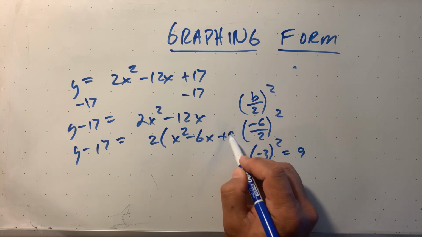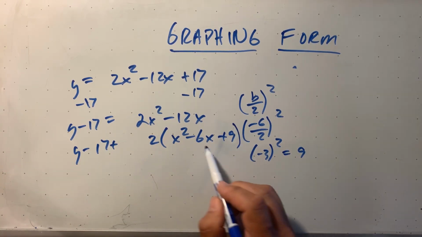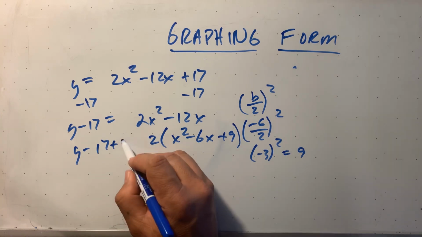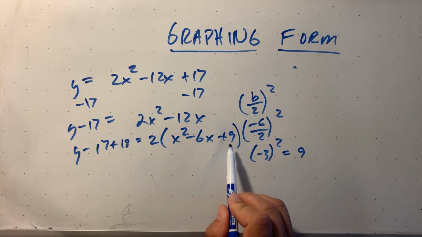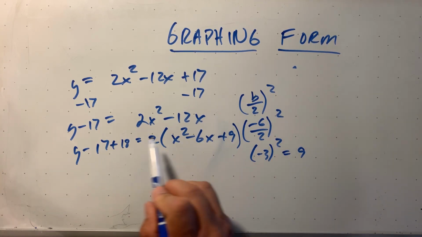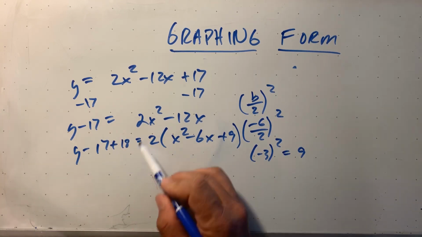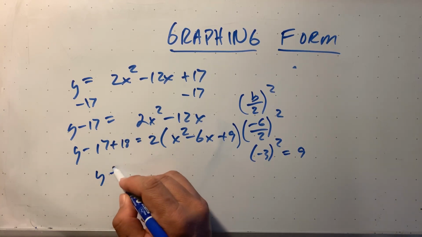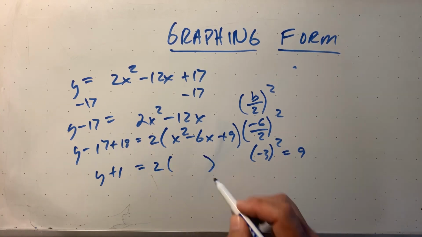So I'm actually adding 9 here. And then, well, actually, 2 times 9 makes 18. So since I added that 9 there, and it's really 2 times 9, there's a total of 18 being added to the right. So I also need to add 18 to the left. And if I simplify this on the next step, I'm going to get y plus 1 is equal to 2 times some perfect square.